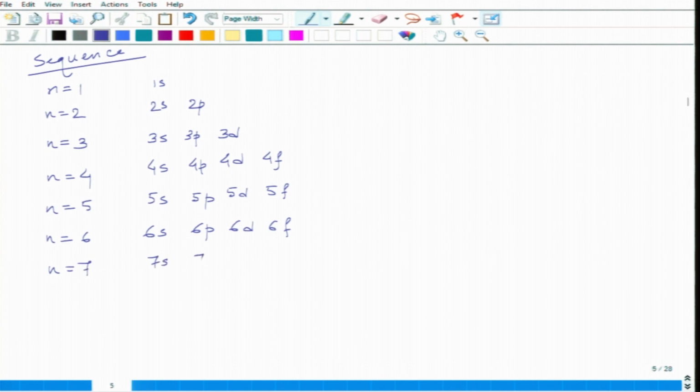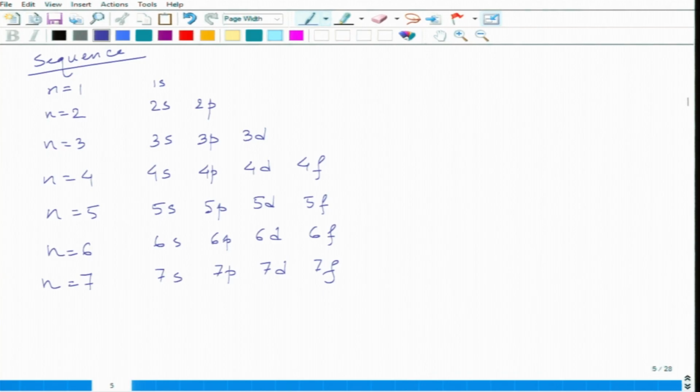So, 7s, 7p, 7d, 7f. After this, we don't need. So, we have written the possible orbitals or the possible subshells that will be used. Now, we will draw parallel arrows to predict the sequence according to the Aufbau principle.